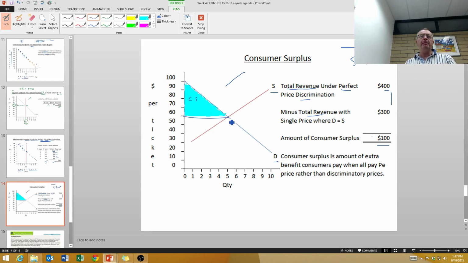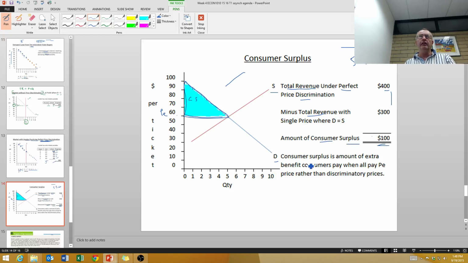So if the market charges a single price, the equilibrium price of $60, and all 5 consumers pay the same price, the market as a whole is deriving this additional benefit from not getting charged on a discriminatory price basis. So the consumers gain this calculated value of $100.